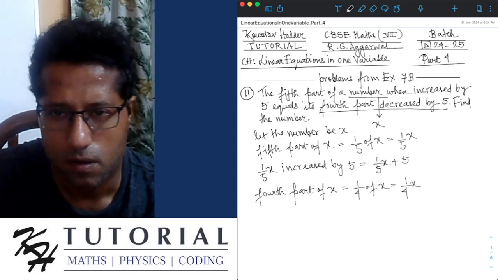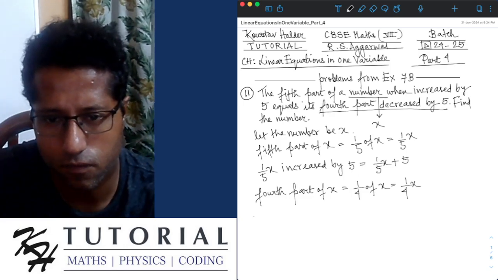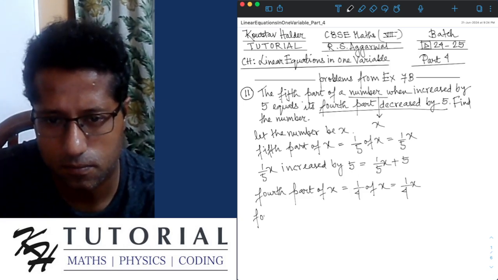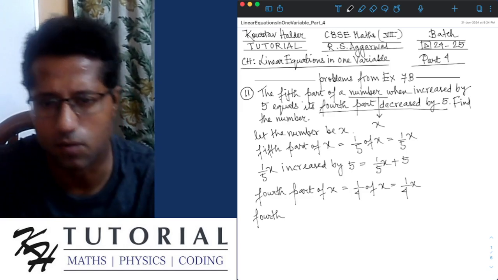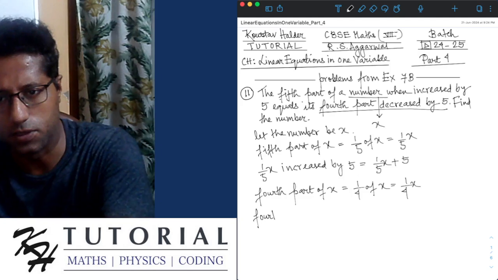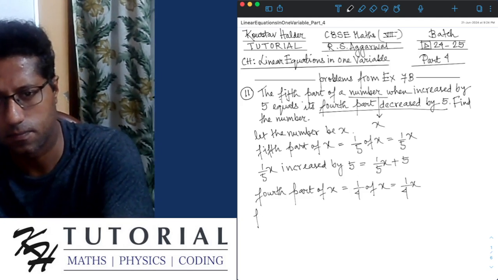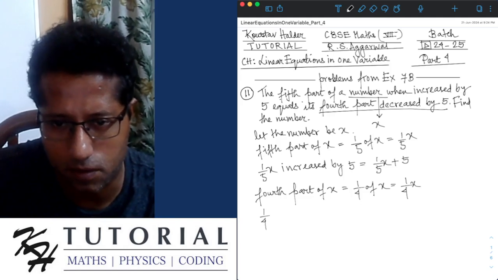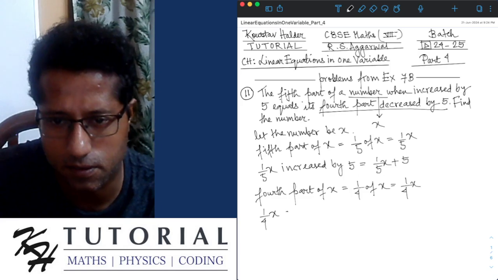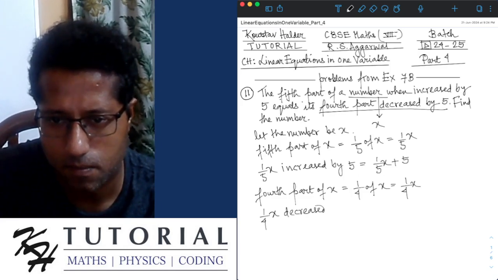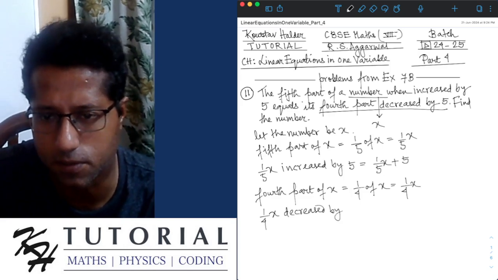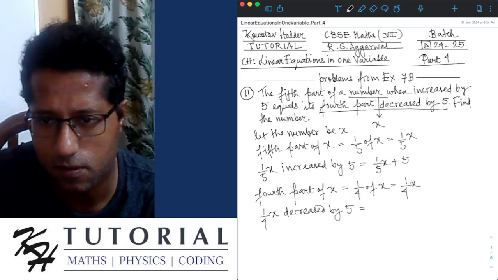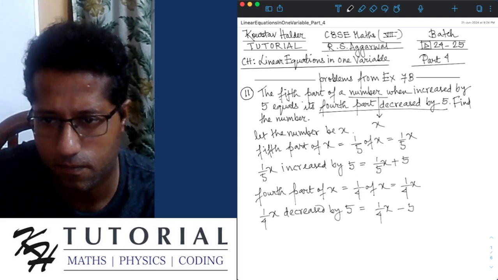Now so we have found what the fourth part of x is. Now fourth part of x, which is 1 by 4 x, decreased by 5 equals 1 by 4 x minus 5.